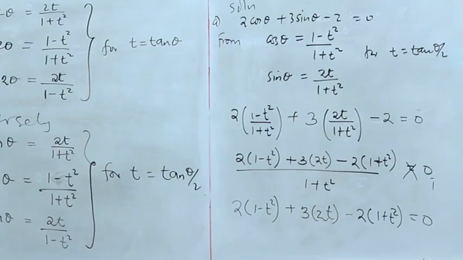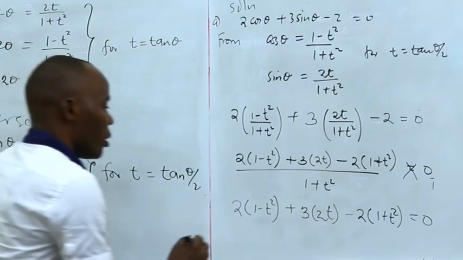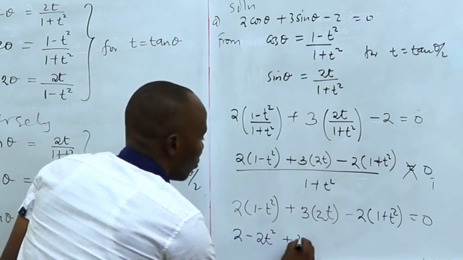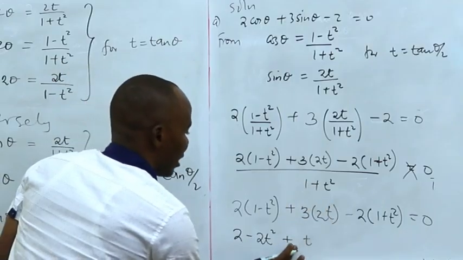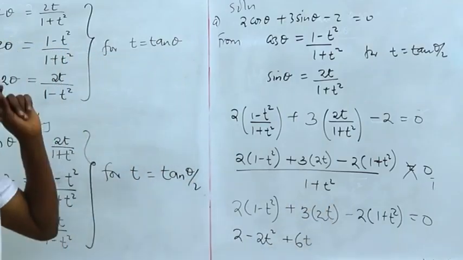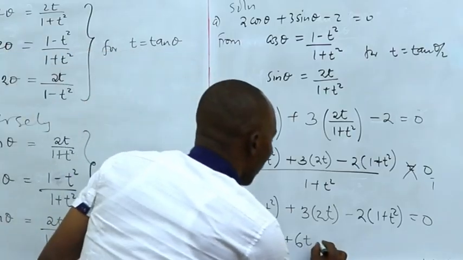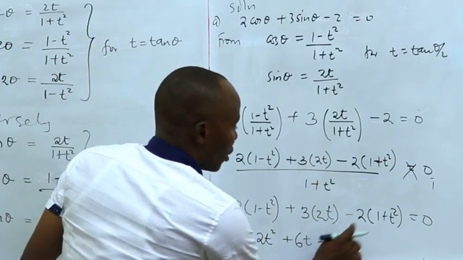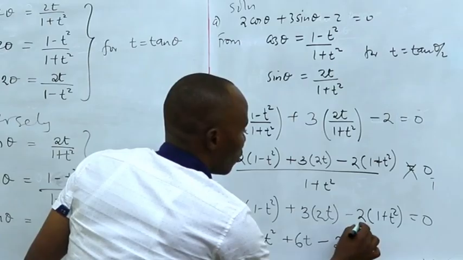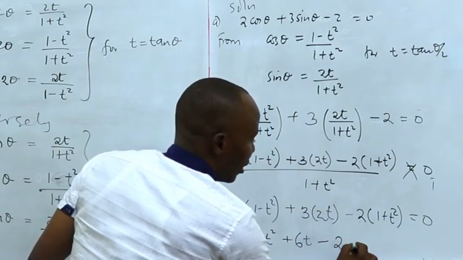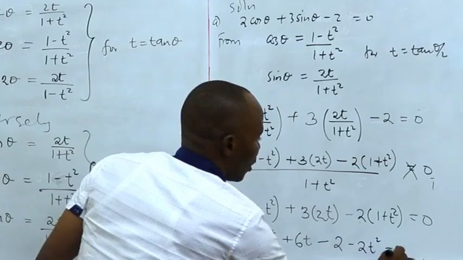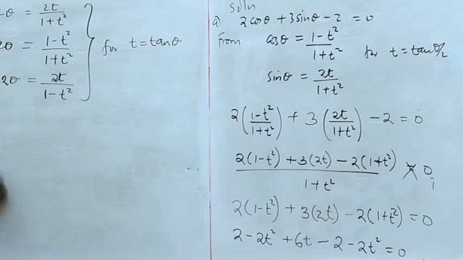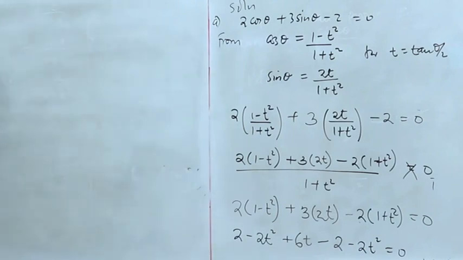Let's open brackets. This is a 2 minus 2t squared. Here you have a plus 6t, because we have a 3 times 2 giving a 6t. Then minus 2 multiplies, you have a 2, then the 2 multiplies there. Because of this sign here, we'll have a minus 2t squared, is equal to 0.